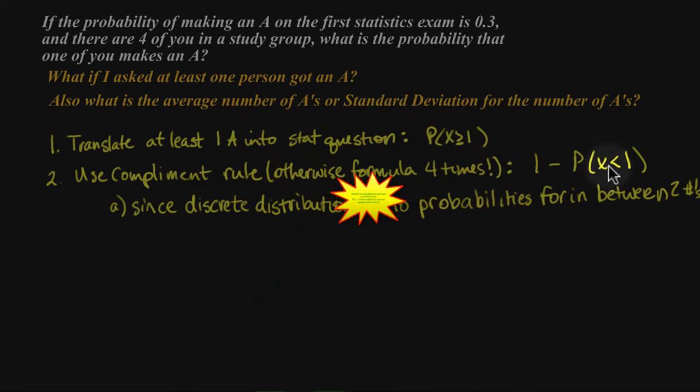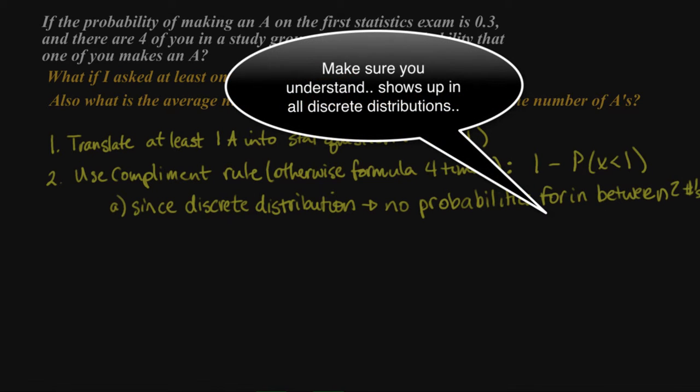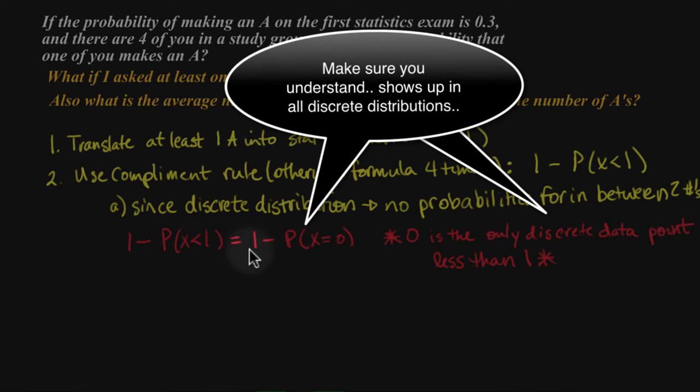So this can be rewritten because there's no probabilities for in between two numbers. That statement can be rewritten as follows. Less than 1 is the same thing as saying 0, because that's the only whole number less than 1. So that means we only have to do the formula once, which is a lot easier. Okay?